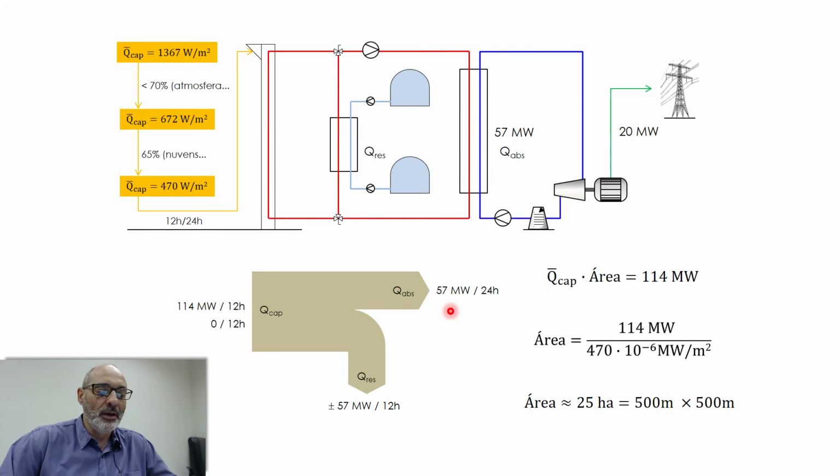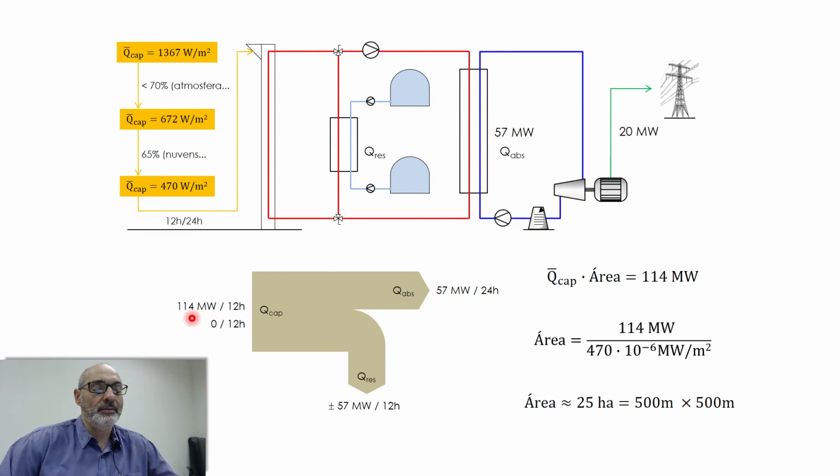Okay, half of these 114 megawatts goes to the secondary cycle, 57 megawatts, and this during 24 hours a day. Okay, and the other half goes to the storage system. During 12 hours a day it's negative, and during the other 12 hours of the day it's positive. Okay, so that's what's happening in terms of a Sankey diagram.